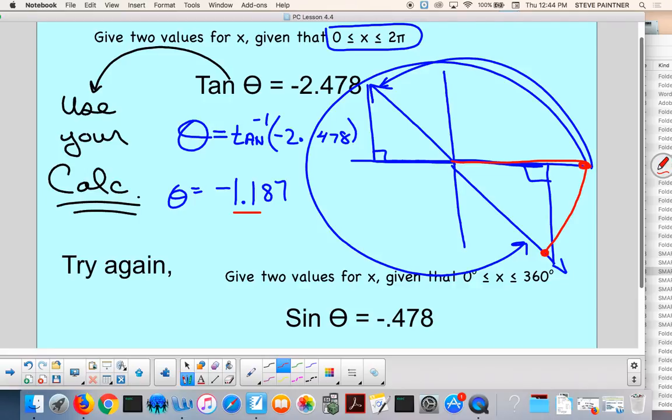We got to somehow get this answer. So subtract that from 2 pi? Yeah. Okay, hang on. You need to get greater. Should work. I wasn't going to do it that way. I didn't even think of that.